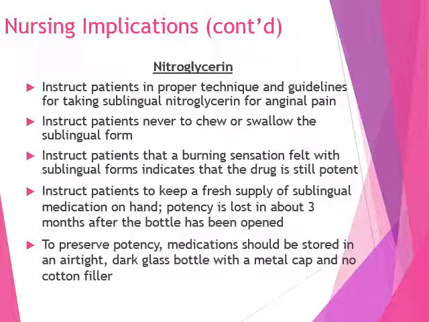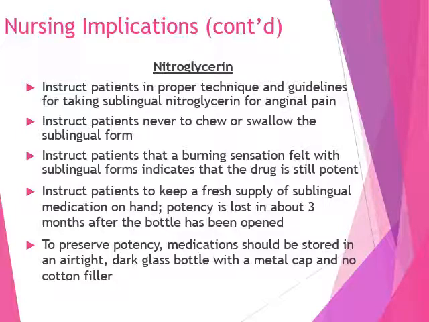Instruct patients to keep a fresh supply of sublingual medication on hand. Potency is lost in about 3 months after the bottle has been opened. Let me say that again. Sublingual medication on hand, the potency is lost in 3 months after the bottle has been opened. So if they have a bottle that's not been opened, there's going to be an expiration date for the medication.